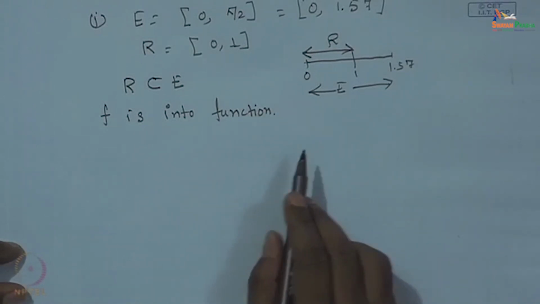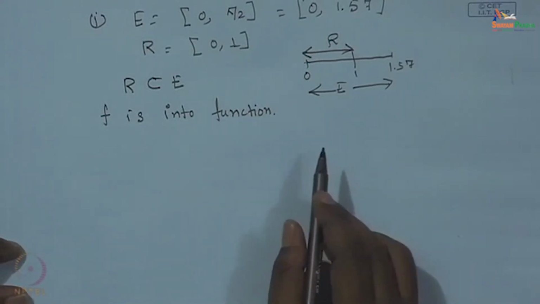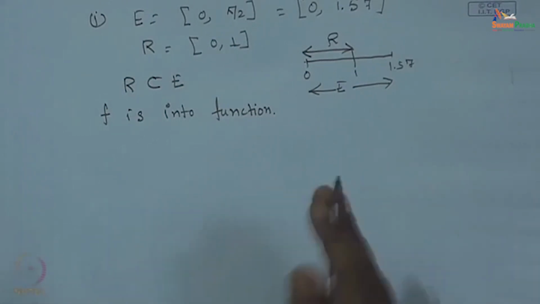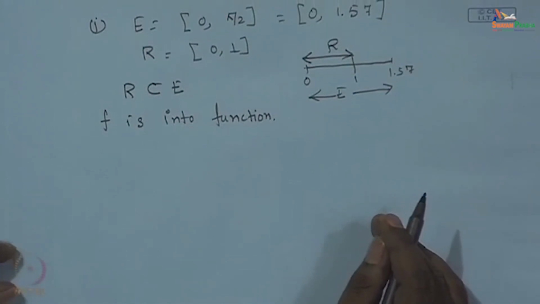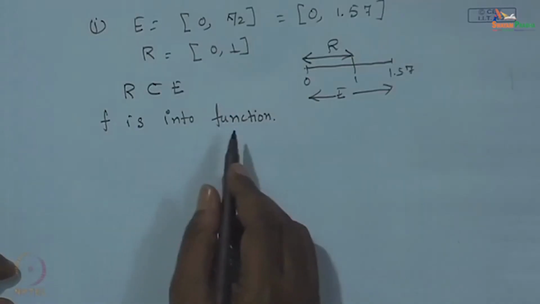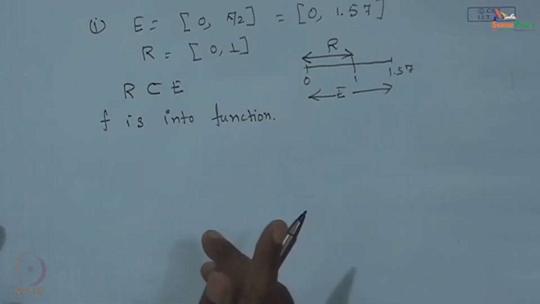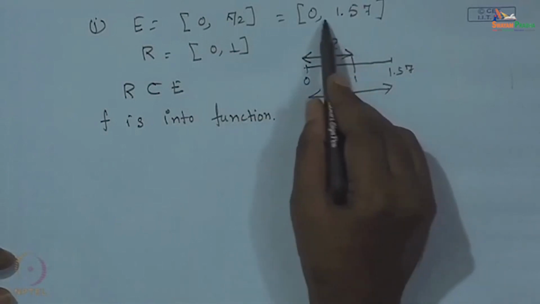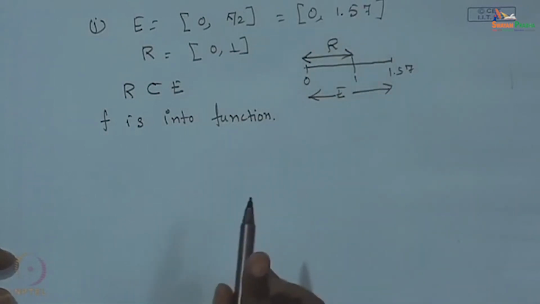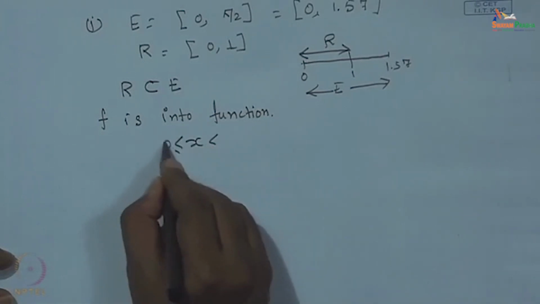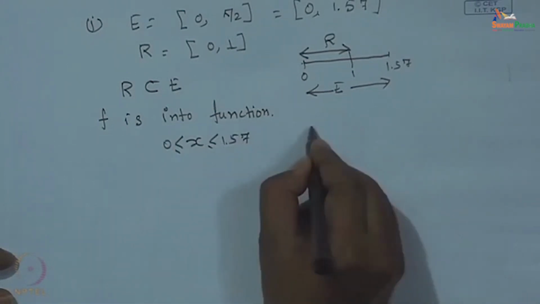Although the sine function is a periodic function and will repeat its values over different periods of pi, since the domain of x is from 0 to pi by 2, it will assume a unique value corresponding to every value of x in the domain D from 0 to 1.57.